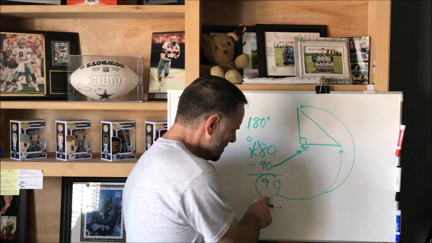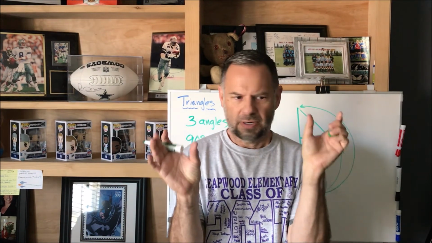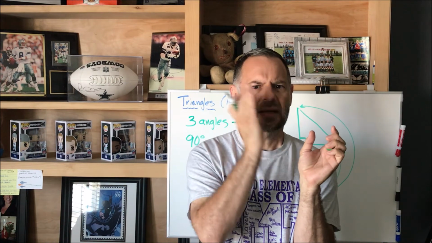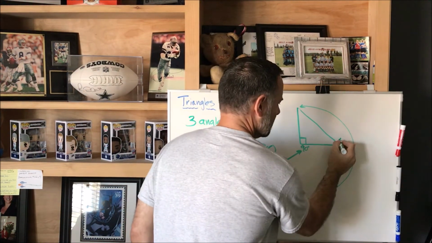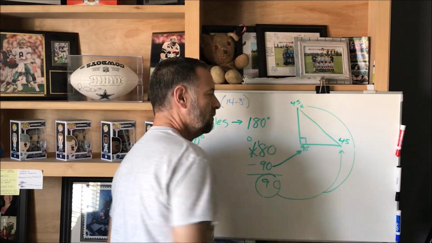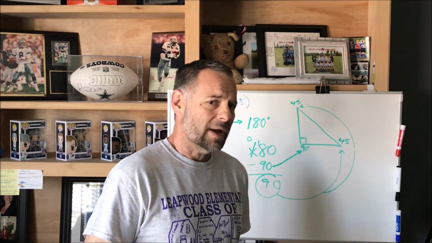Which means if I split it in half and separate them, now I have 2 numbers and they're equal. So what's 90 cut in half? 90 cut in half is 45 and 45.